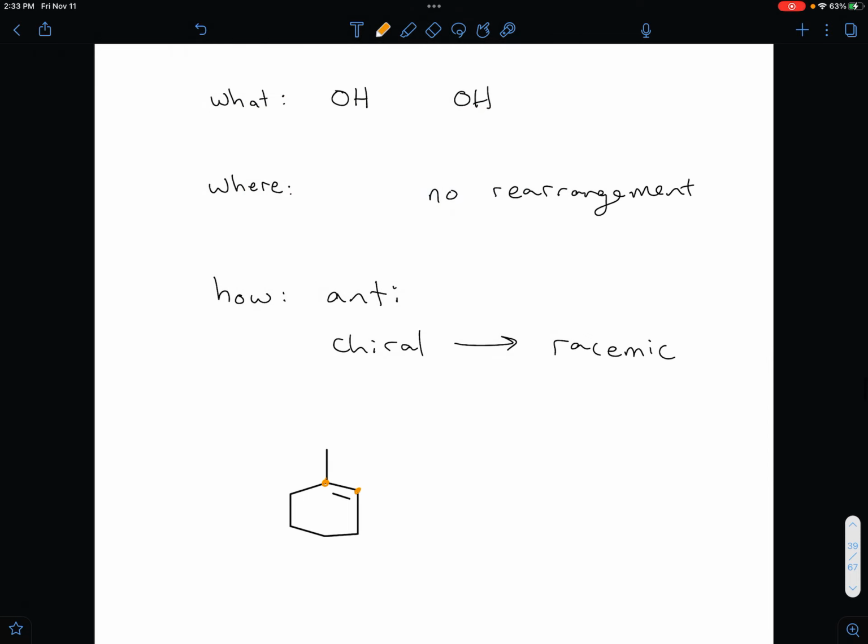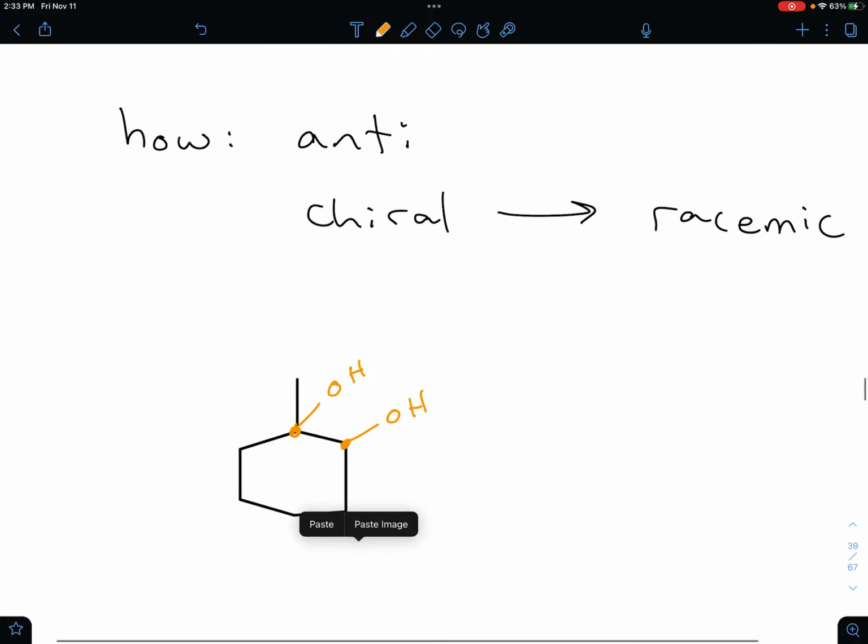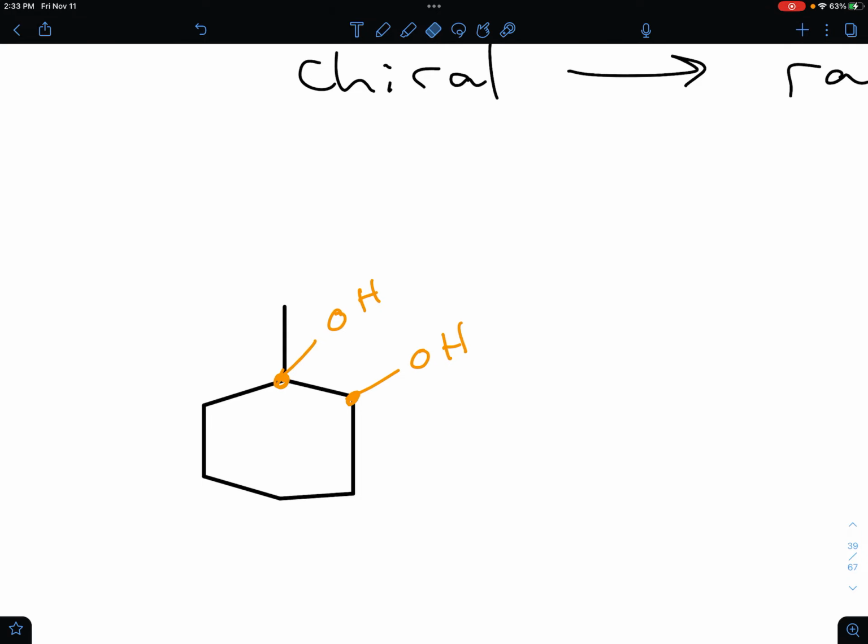That's where the two OHs are going to add. We'll put one OH on one carbon, the other OH on the other carbon. In the process of adding them, we're going to use up those pi electrons, so those won't still be there. And anytime you have a ring, you have to make sure you show this anti-configuration. And so here we want to show that one of these OHs is on one side of the ring, the other OH is on the other side of the ring.